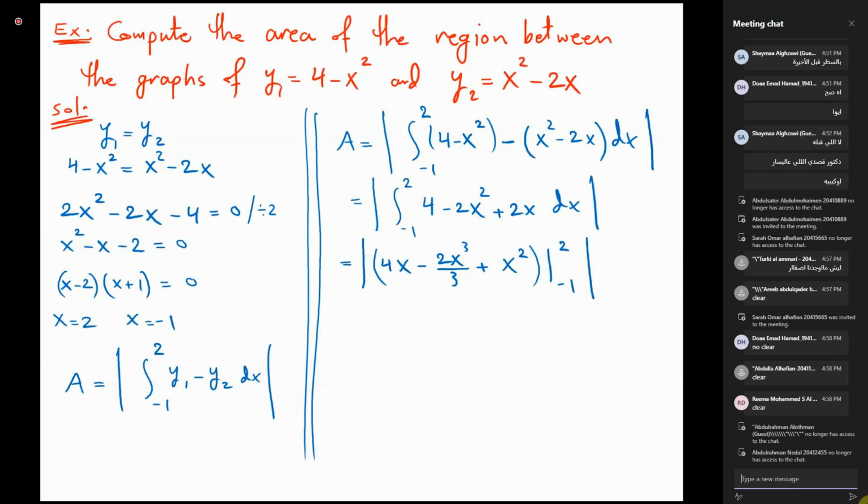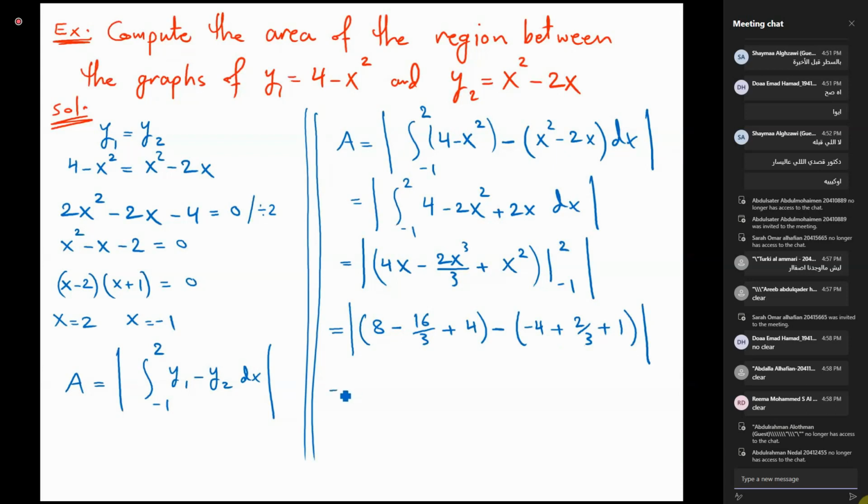Now substitute 2, we have 8 minus 16 over 3 plus 4, minus, substitute negative 1: minus 4 plus 2 over 3 plus 1, with absolute value.